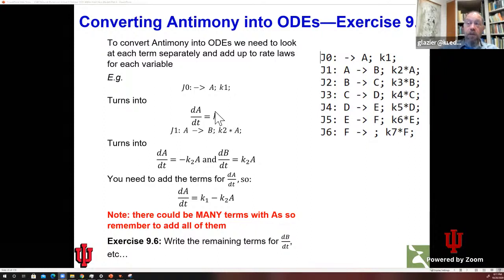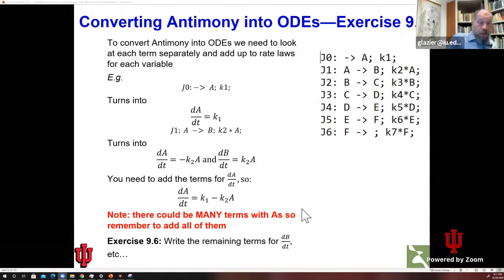Now I have two terms for A, dA by dt equals K1, dA by dt equals minus K2A. So if I want the total set of equations for A, I have to add those up. So this pair of lines here gives me dA by dt equals K1 minus K2A.